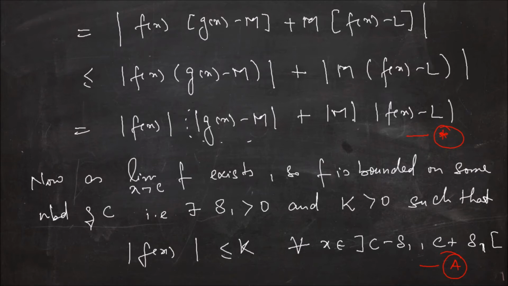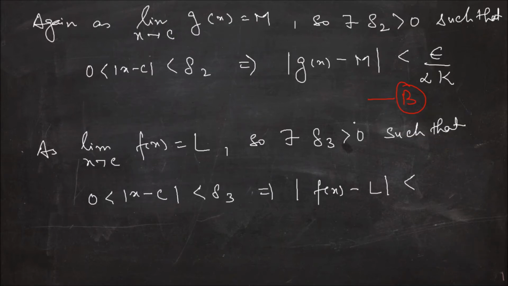If m is 0, then I may not be able to divide by epsilon by 2m, because this will become undefined. So what I will do, I will add plus 1 so that the case 0 is taken care of. Whenever such a situation arises where you don't know whether a given number is 0 or not, you can always add plus 1 to it.